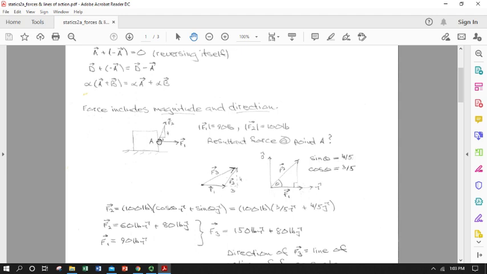So you have F1 pointing straight out to the right, and then you have F2 pointing in a direction that's defined by this 3 across and 4 up triangle. That 3 across and 4 up gives us an angle at the base. And so we could use some trigonometry to figure out which component of F2 is in the direction of F1 and then which is at 90 degrees to it.